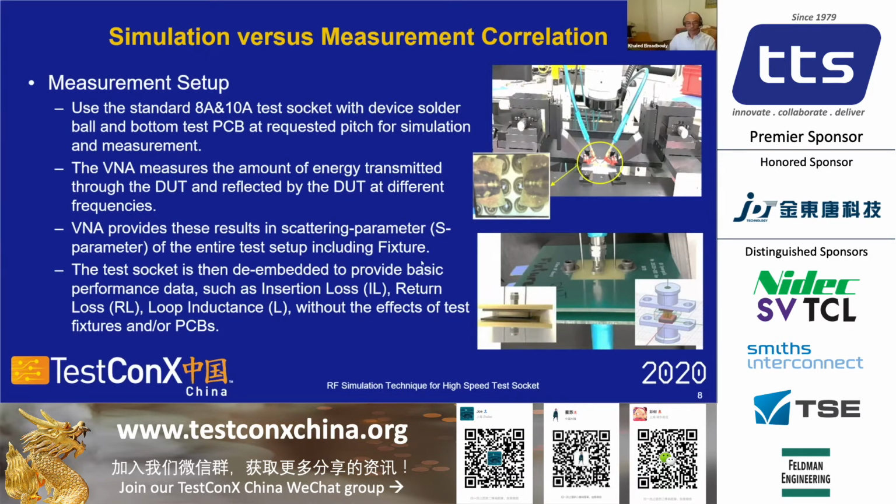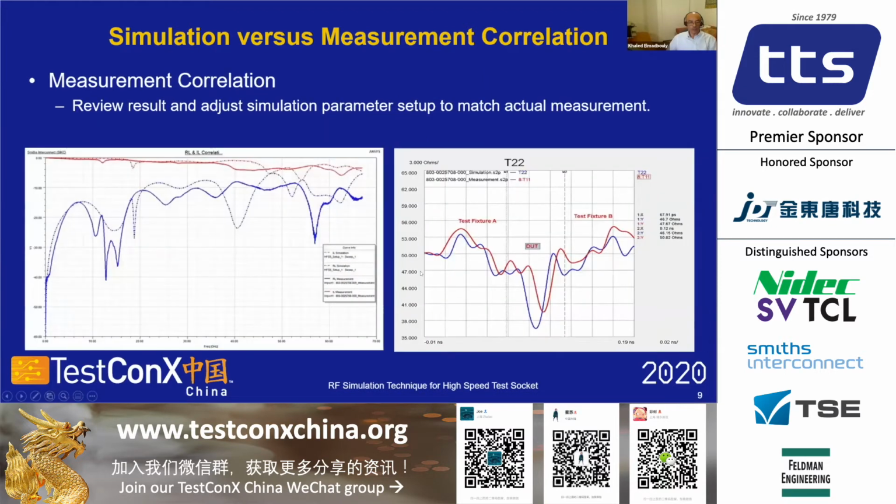So the next slide will show the correlation between the simulation and the measurement. The red dotted line is the simulation, or the blue dotted line is the simulation, and the solid red line and the solid blue line are the measurement. So we have insertion loss and return loss correlation, and we also have impedance correlation.